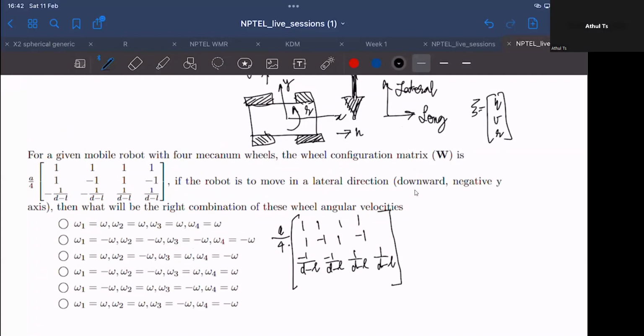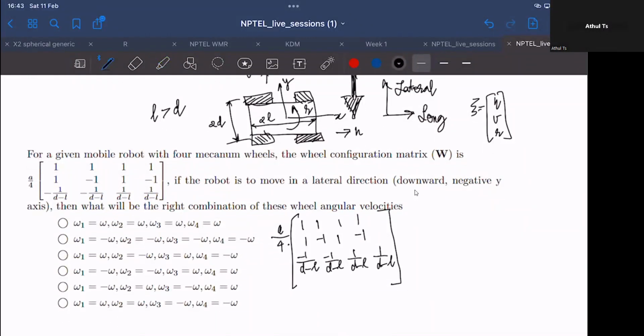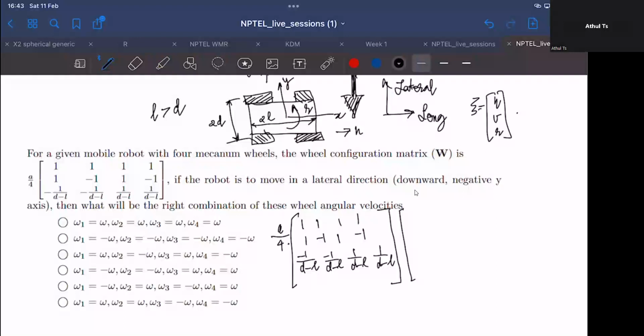Again, it should be considered that the dimension L should be greater than d, where the length of the robot is 2L and the width of the robot is 2d. Obviously the length of the robot should be considered greater than the width. As per the question, our zeta vector should look like 0, minus k, 0, where minus k corresponds to lateral motion along the negative y-axis.